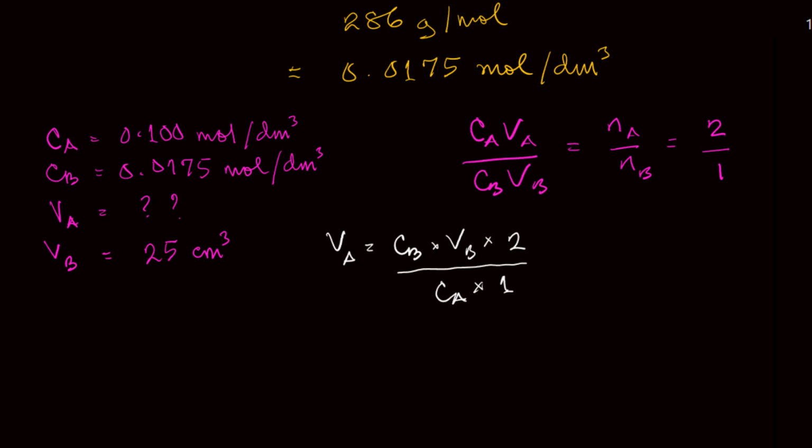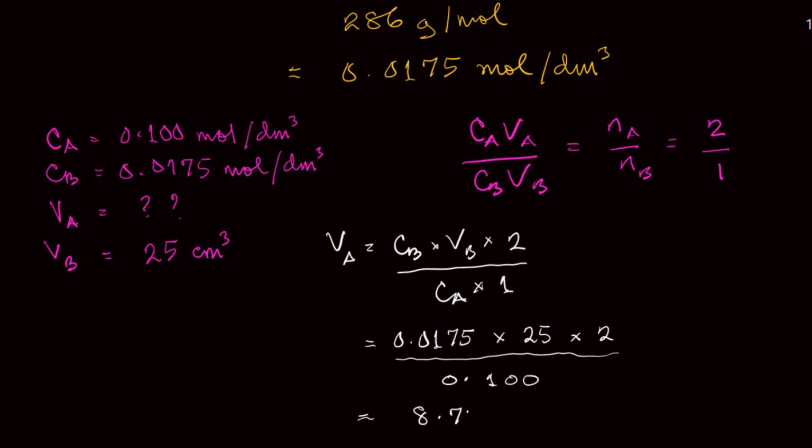So if you substitute the values, that will be 0.0175 times 25 times 2 all over 0.100, and evaluating this will give us about 8.75 cm cube.